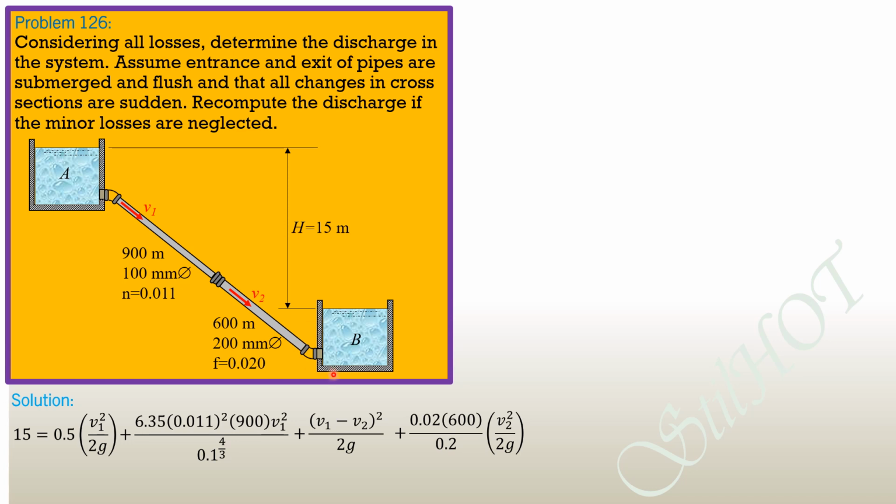Then here, submerged exit loss 1 times velocity head at 2, or V2 squared over 2g.